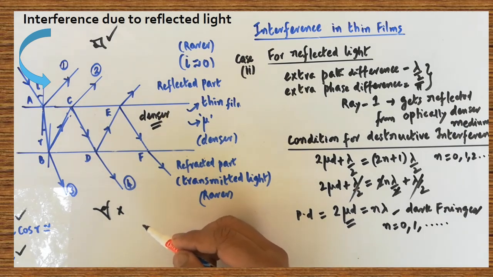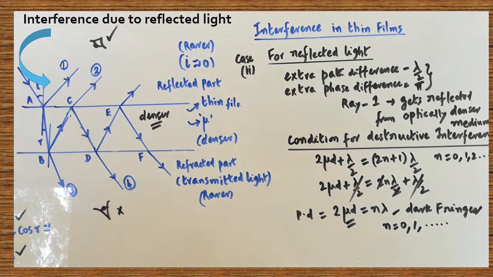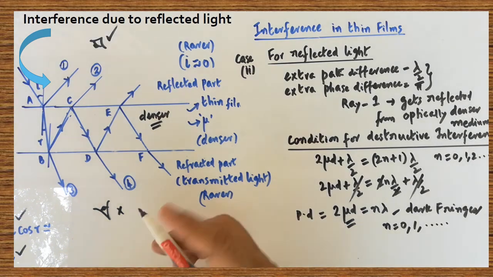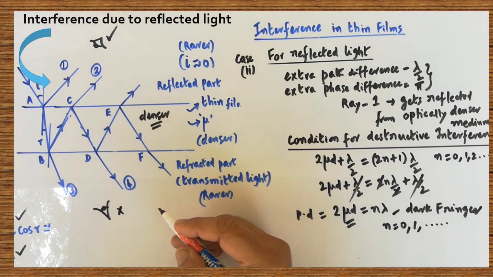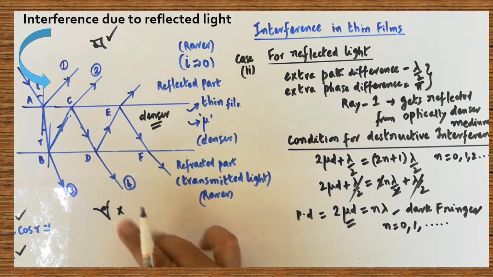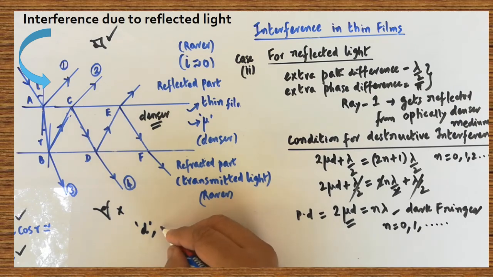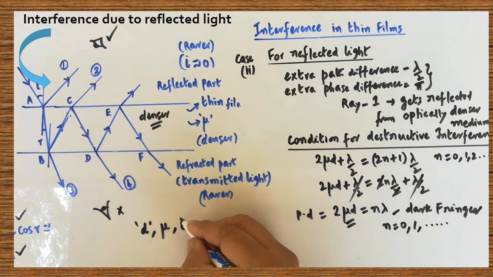Understood? If you change the position of the eye view, automatically the color which appears to your eye will also vary. Are you clear? The color you observe depends on the thickness of the thin film, on the refractive index of the denser medium, and also on the angle of incidence.